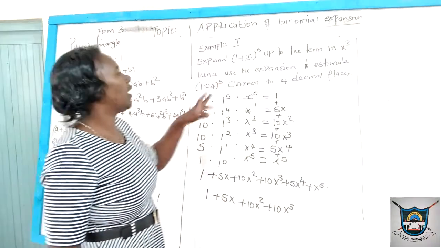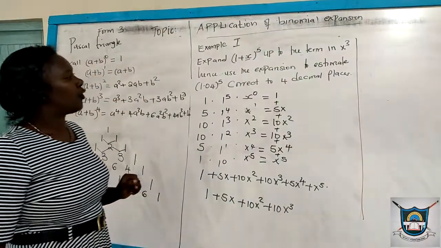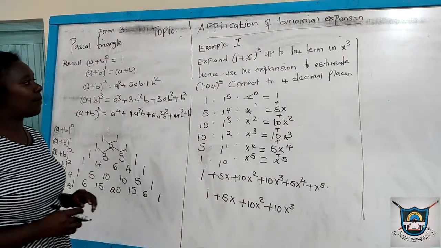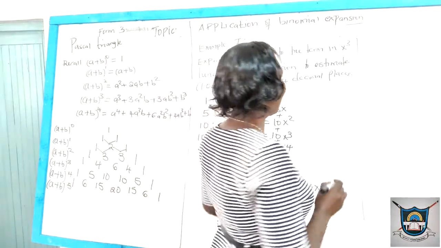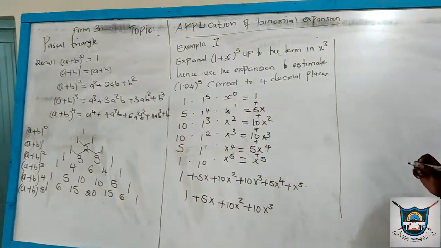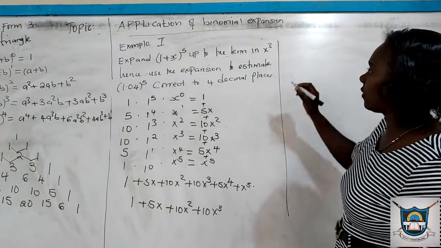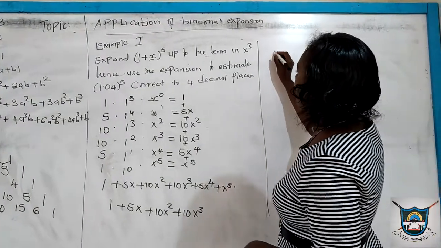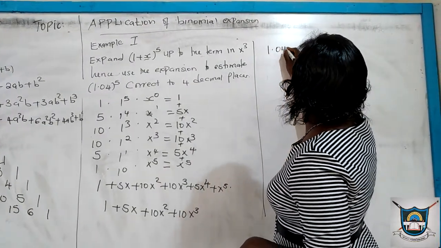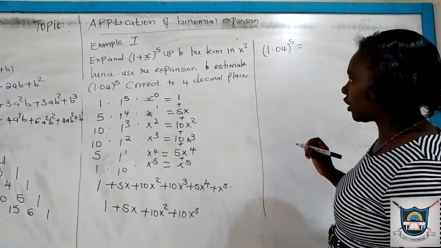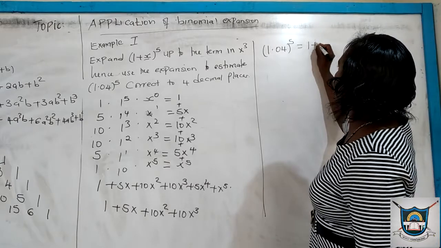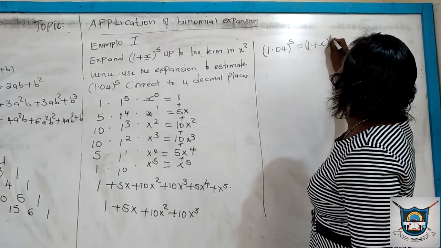Then now we are told we use the expansion to estimate the value of 1.04 to power 5. So what do we do with that? We are supposed to equate it to our first original expression, which was 1 plus x to power 5.